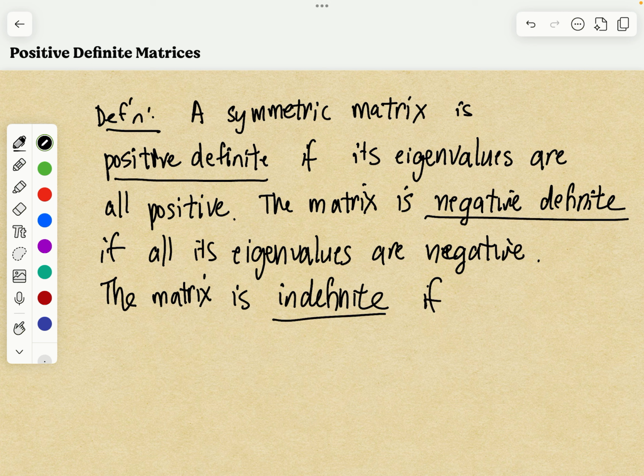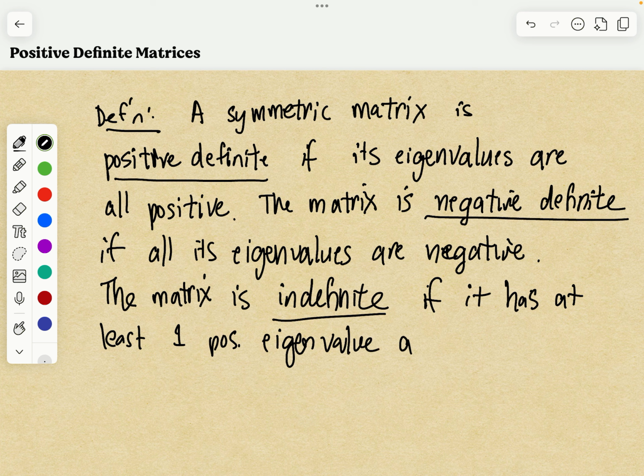So it's indefinite if it has at least one positive eigenvalue and one negative eigenvalue. So that's the definition.